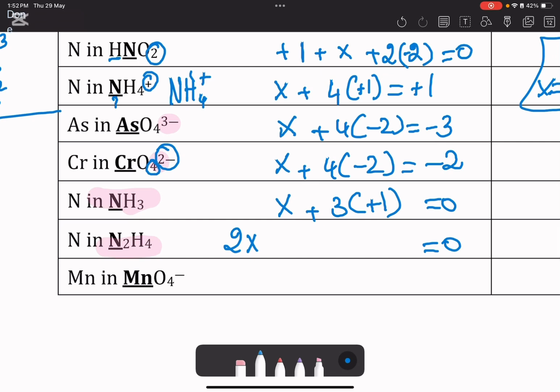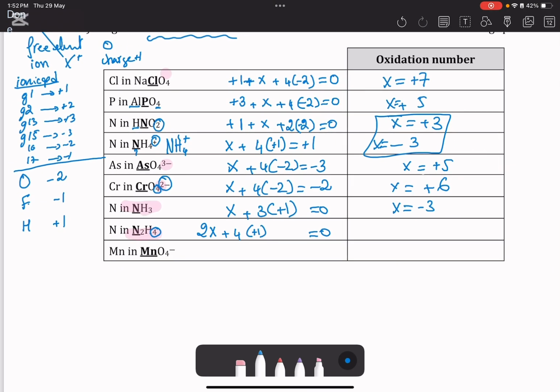X represents the oxidation number of N. So it is multiplied by 2 plus 4 hydrogens times 1 equal to 0. So solving for X, we will find the oxidation number of N is negative 2.